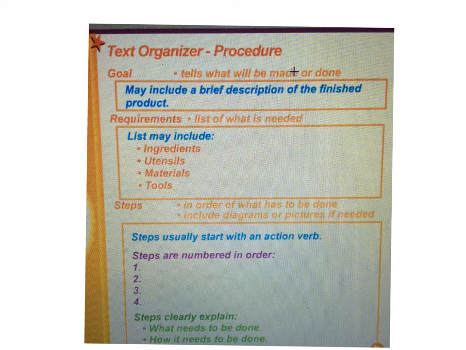The last step for a procedural type of writing is to list the steps in order. So in this type of writing today, we're actually going to have numbers down our margin. And this will help us decide how to make whatever it is we're going to make.